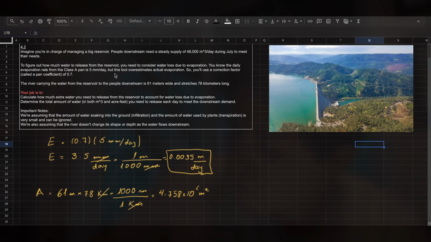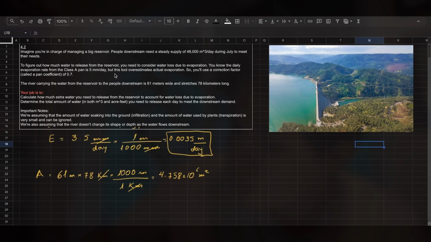Now we have the evaporation that happens per day in depth, just meters. Let's find out the volume of the evaporation.